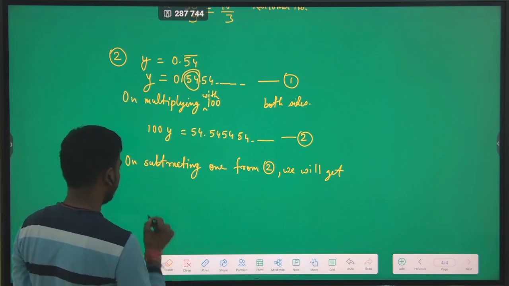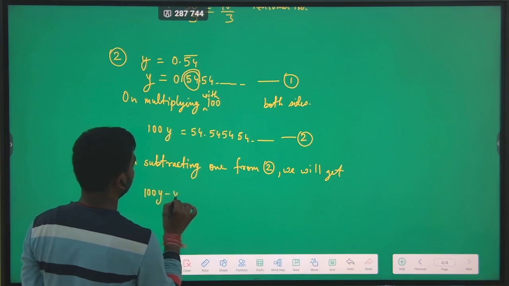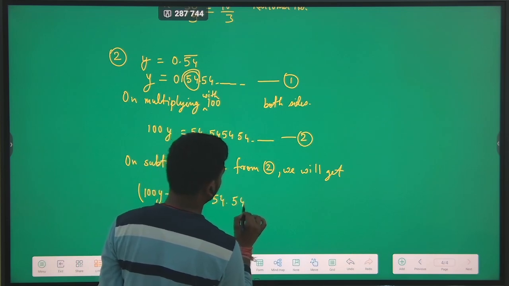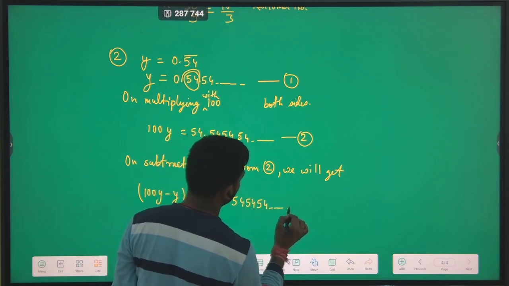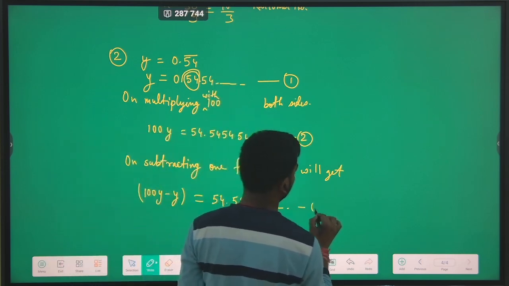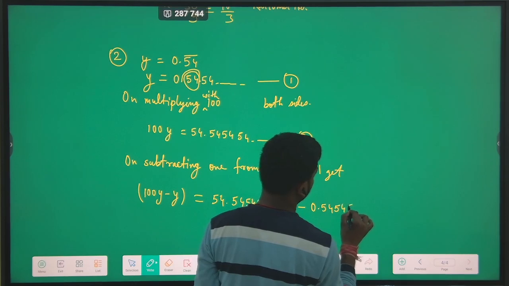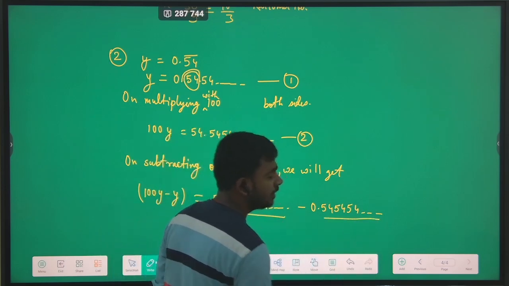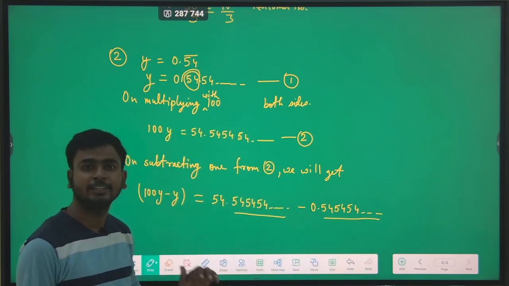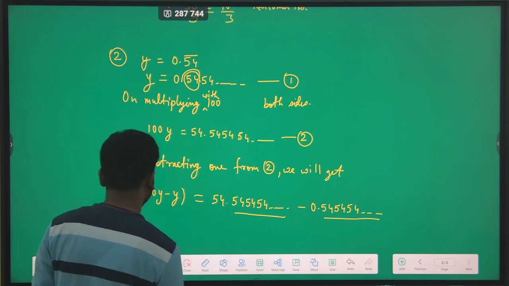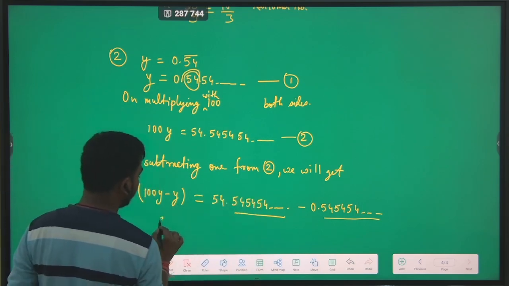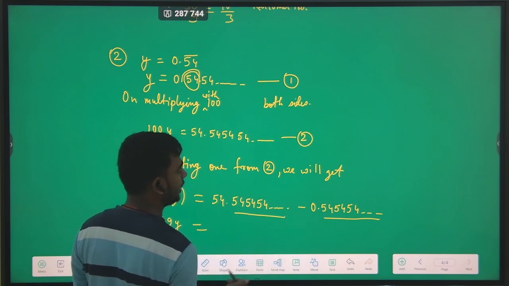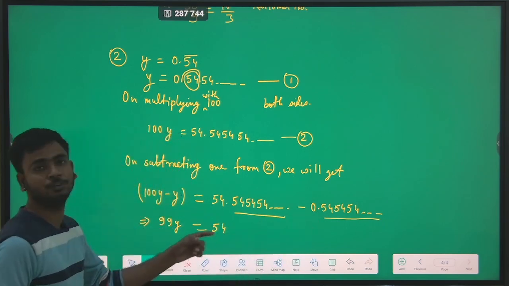So we will get 100y minus y equal to 54.545454 continued up to so on, minus 0.545454 up to so on. So we have made this part and this part common. After subtraction, this will vanish. So we will get 99y equal to 54 minus 0, that means it will be equal to 54.